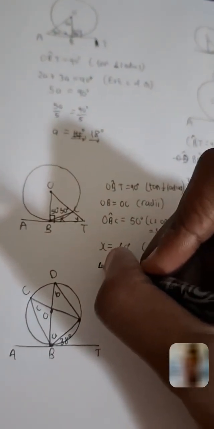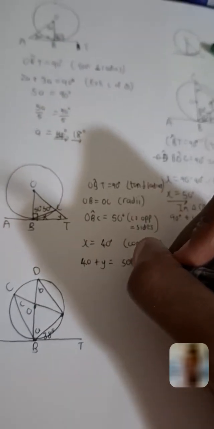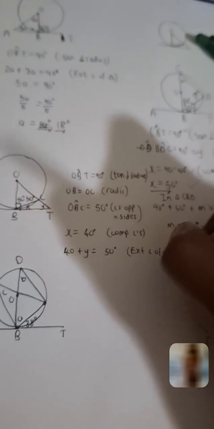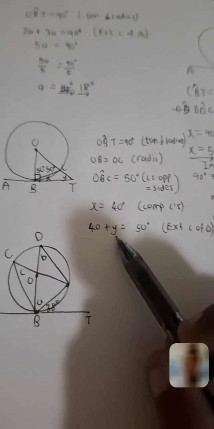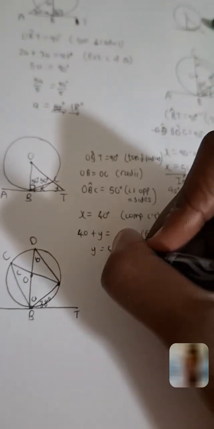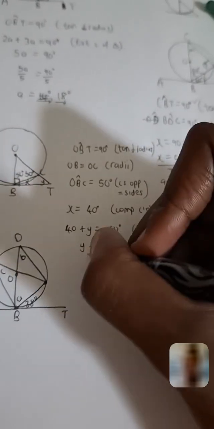So it's 40 plus Y is equal to 50, which means Y is equal to 10 degrees. Y is equal to 10 degrees.